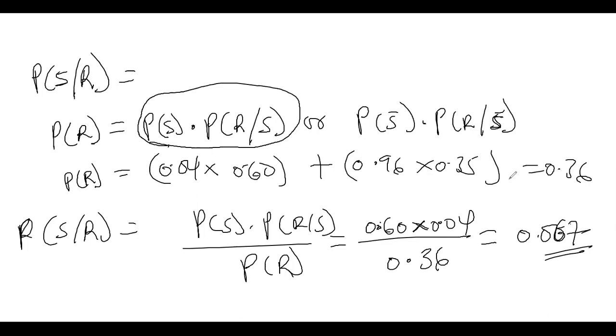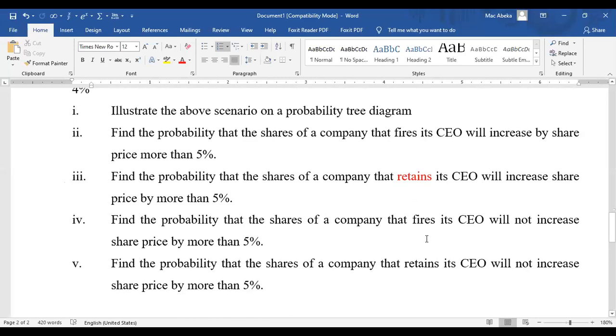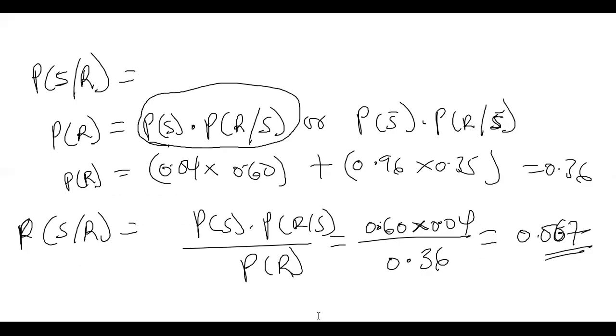All right. Let's look at the second one. The second requirement says, find the probability that the shares of a company that retains, okay, retain means that you have not fired the CEO, will increase share price by more than 5%. Okay.